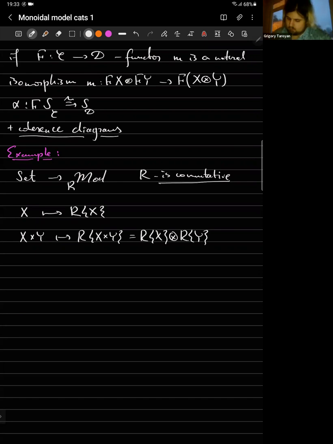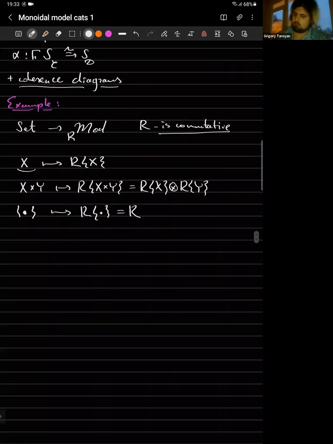And of course, the unit of this multiplication is just a singleton set, and it is mapped just to R of singleton set, which is canonically isomorphic to just R, which is a unit of our tensor product multiplication in modules.